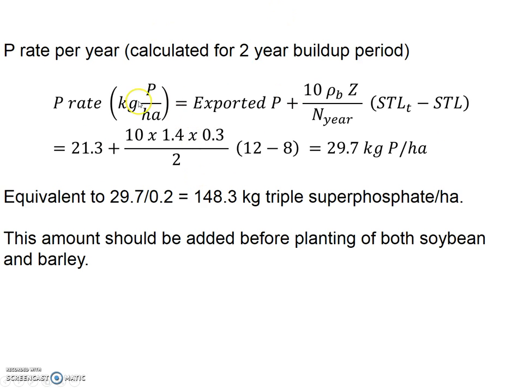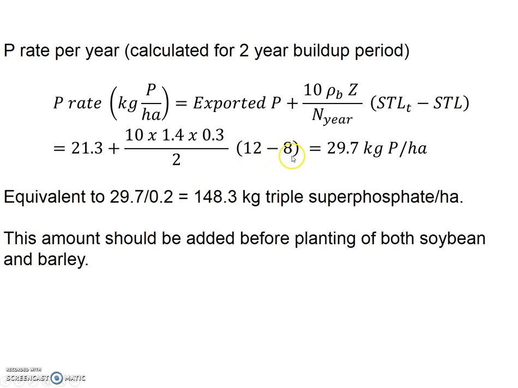Now we apply the equation for situations where we need to increase the P concentration. So we calculate the P rate as exported P, adding 10 times density, depth, number of years, and the difference between soil test level threshold and soil test level.